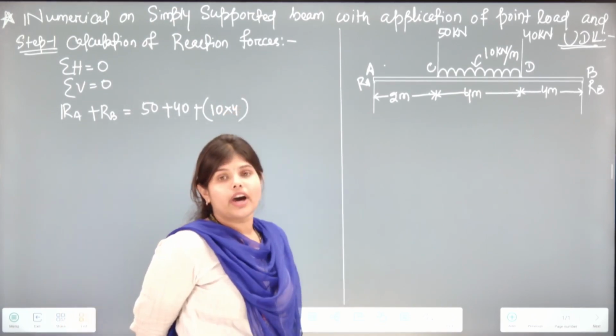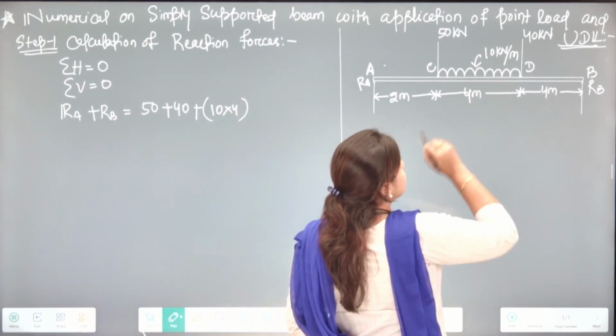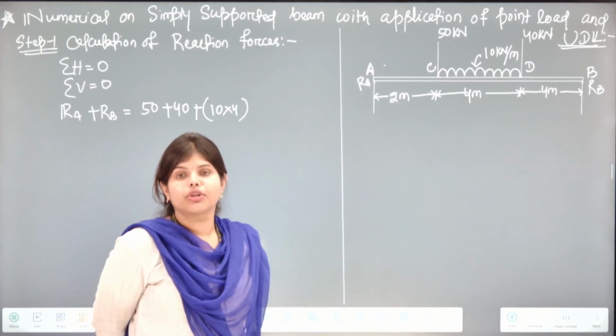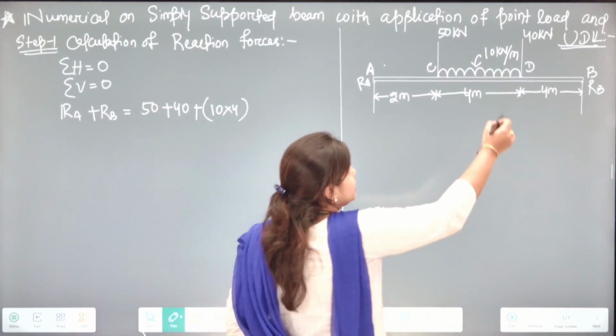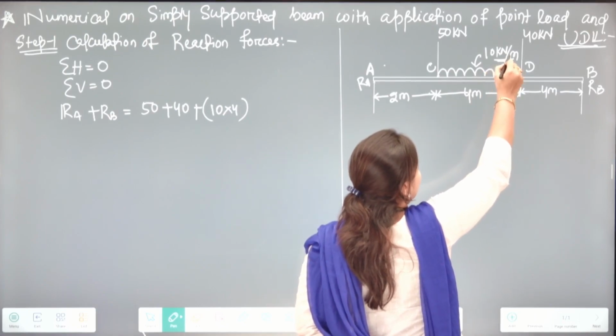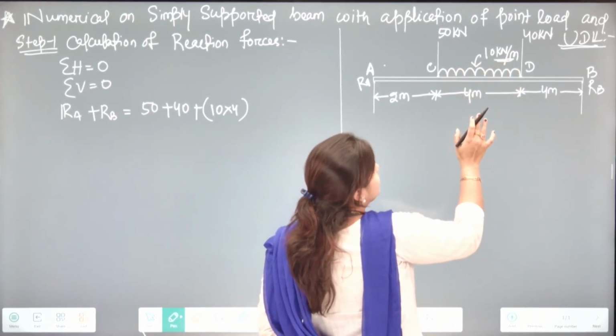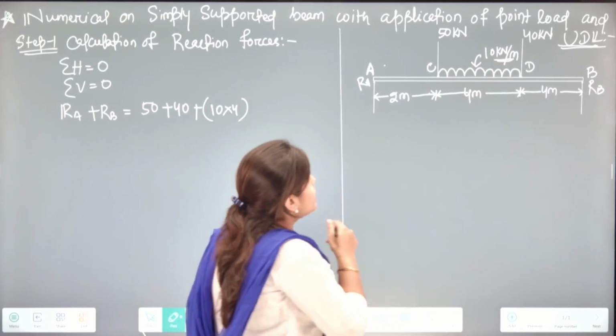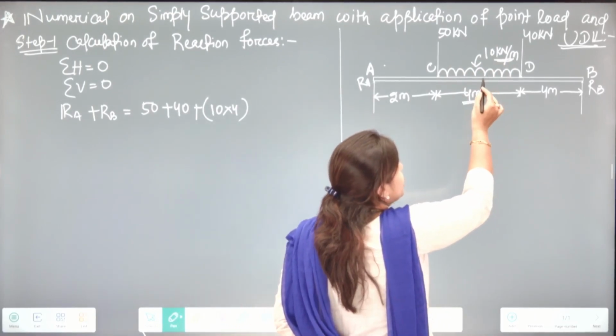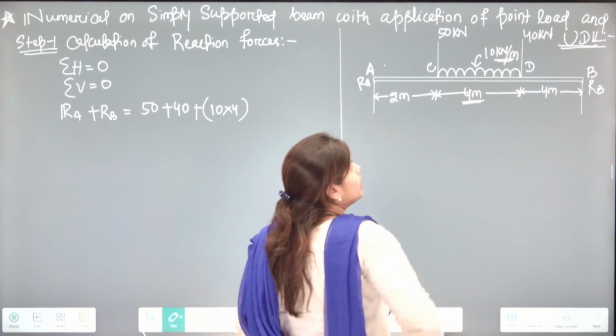You can ask why 10 into 4? As you can see here, we have a 10 kilonewton per meter UDL. Here we have 10 kilonewton load per meter, and the length is 4 meter. So, 10 kilonewton per meter will be applied over 4 meter.